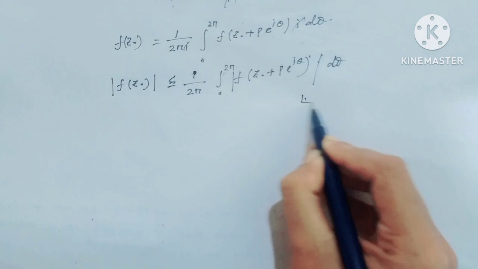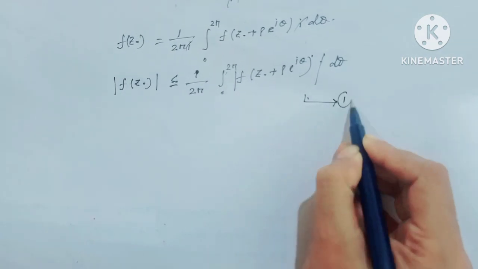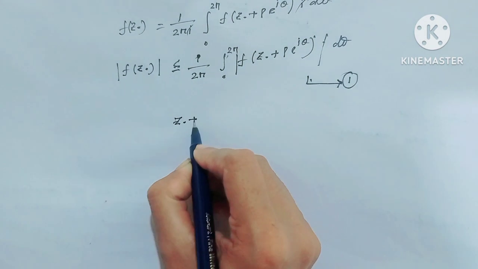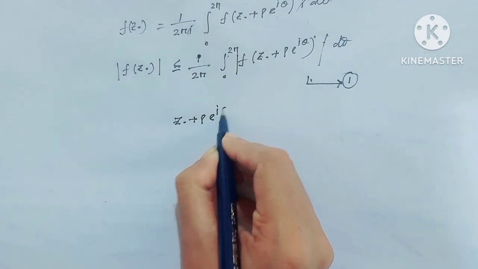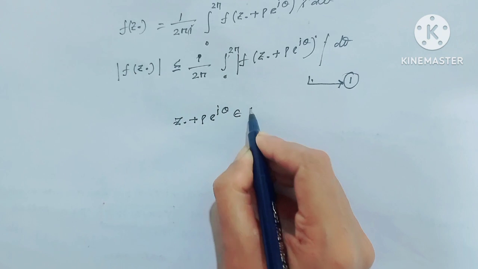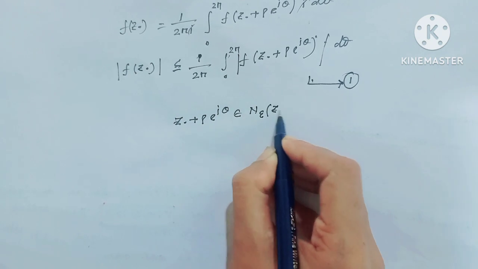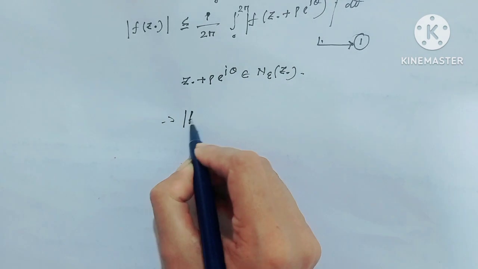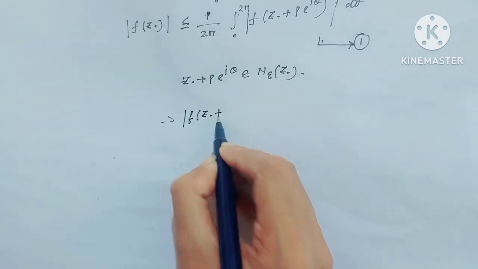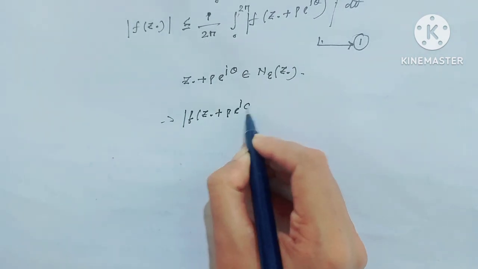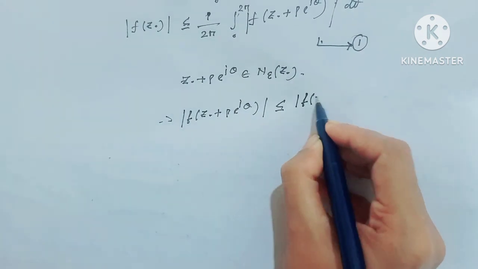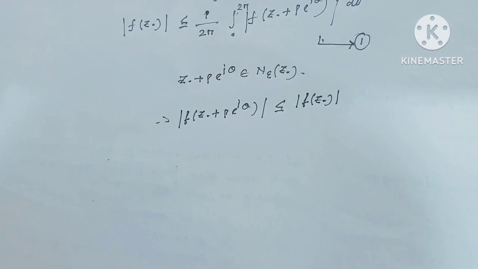Let us indicate this as 1. Since z0 plus rho e to the power i theta belongs to the neighborhood N epsilon of z0, therefore this value of f(z0 plus rho e to the power i theta) is always less than or equal to the absolute value of f(z0).